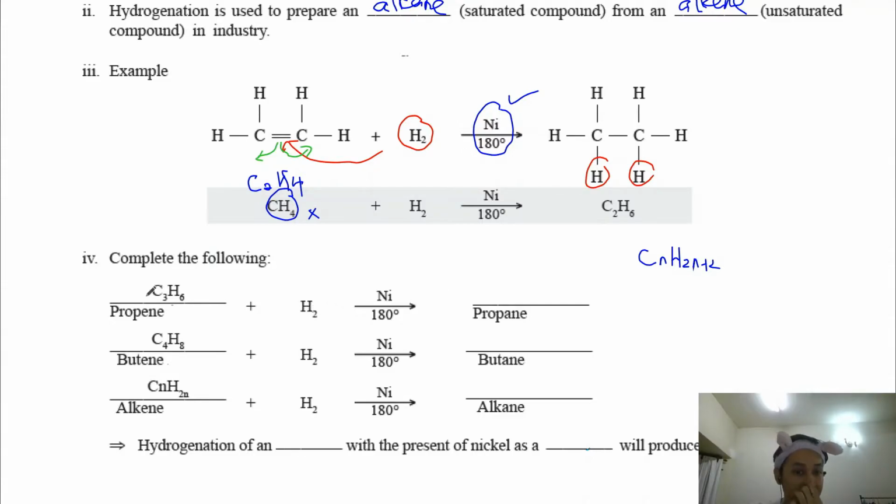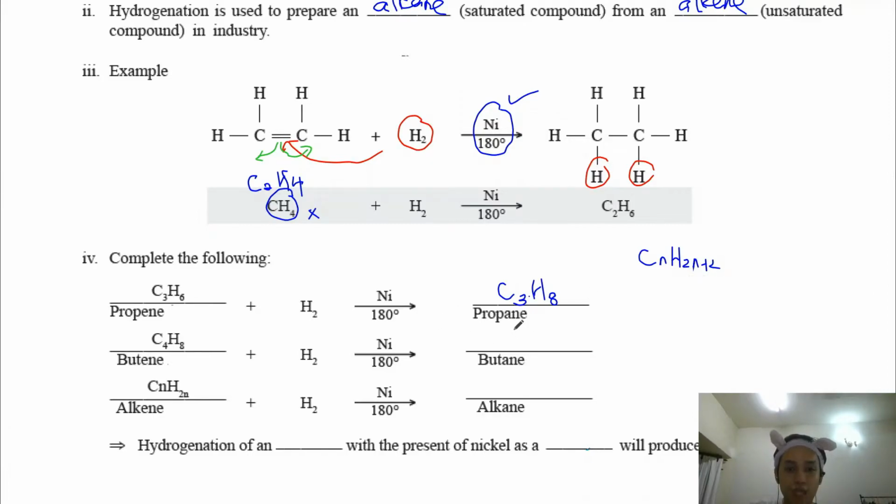Okay, you add two hydrogens in, so for this one, your molecular formula will be C3, H here initially is 6, add 2 in will become 8. Okay, so you just check with your general formula whether it's correct. So 3 multiplied by 2 is 6 plus 2 is 8, so this one is correct.